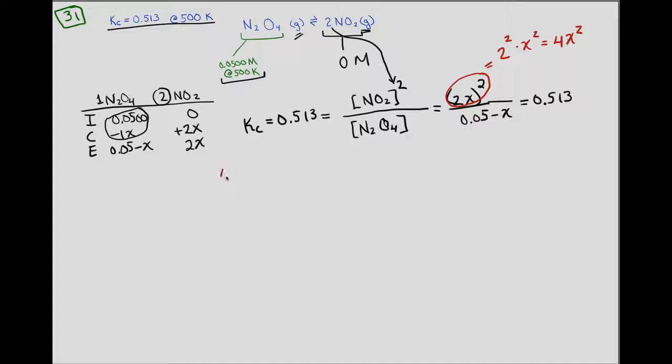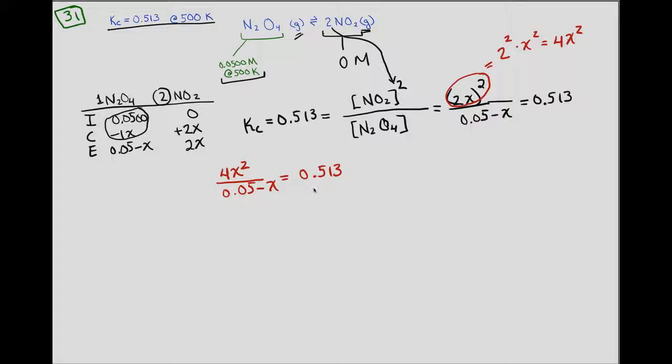So we have 4x squared, that's the products, the numerator, over 0.05 minus x. And that equals 0.513.